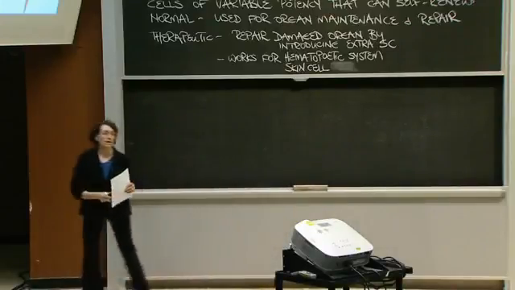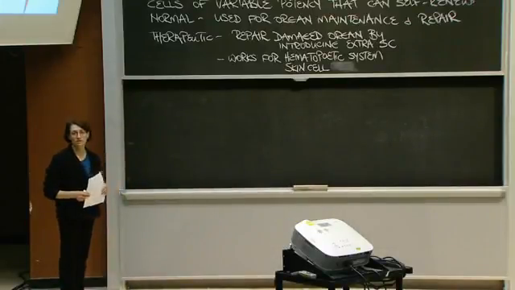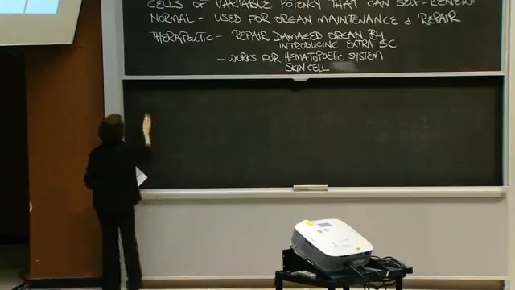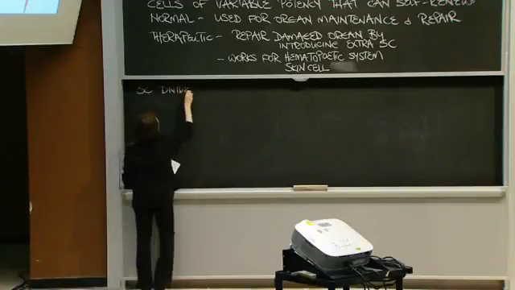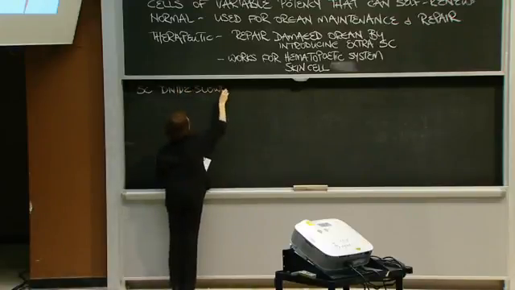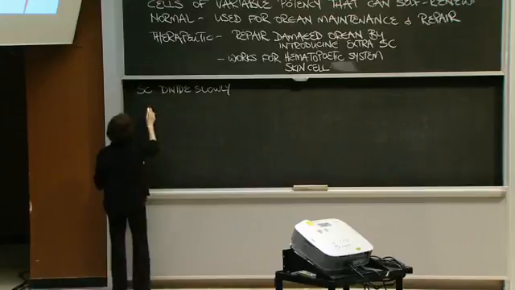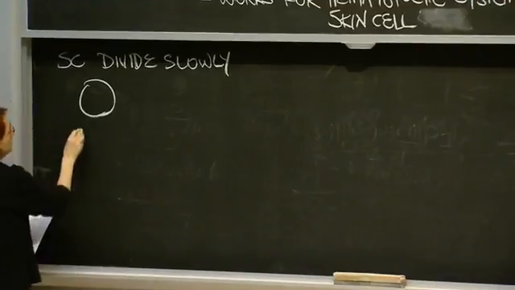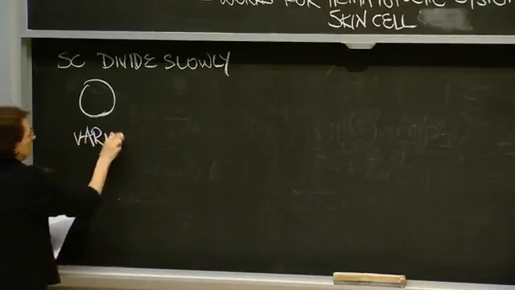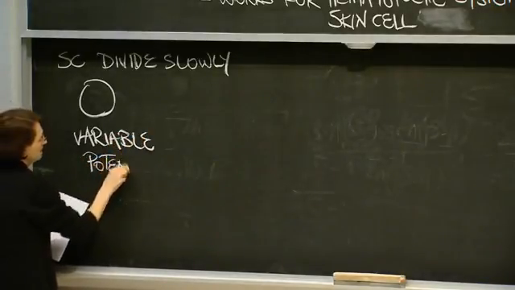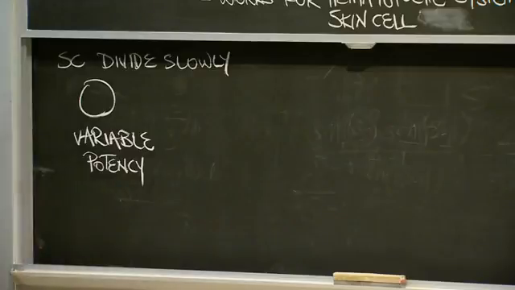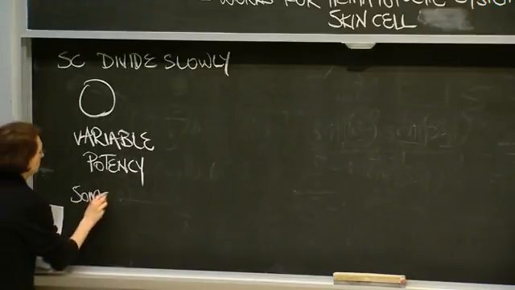But let's diagram the notion of stem cells on the board. Stem cells generally divide slowly. Here's one. It's a variable potency. It may be multipotent, it may be bipotential, and it is somewhat committed.